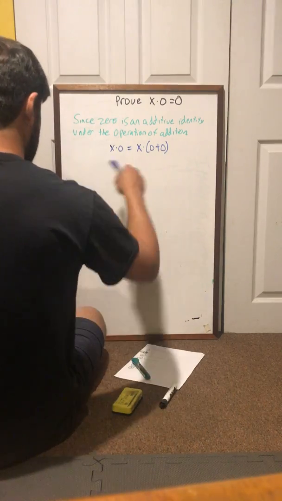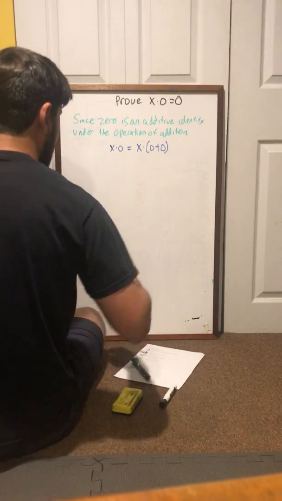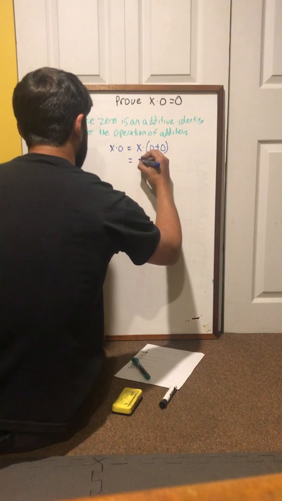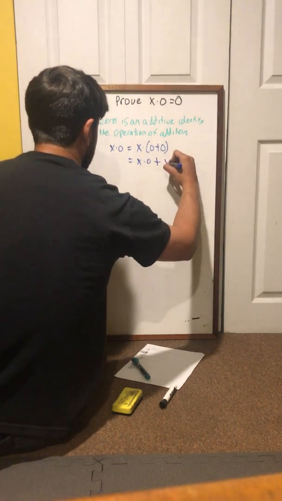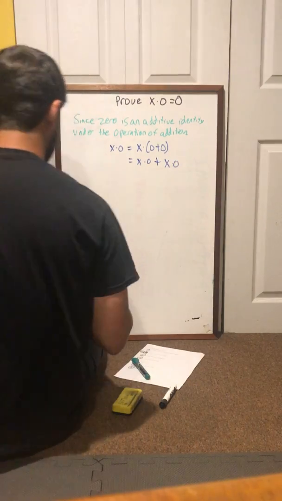And then using distribution, we're going to say equals x times 0 plus x times 0.